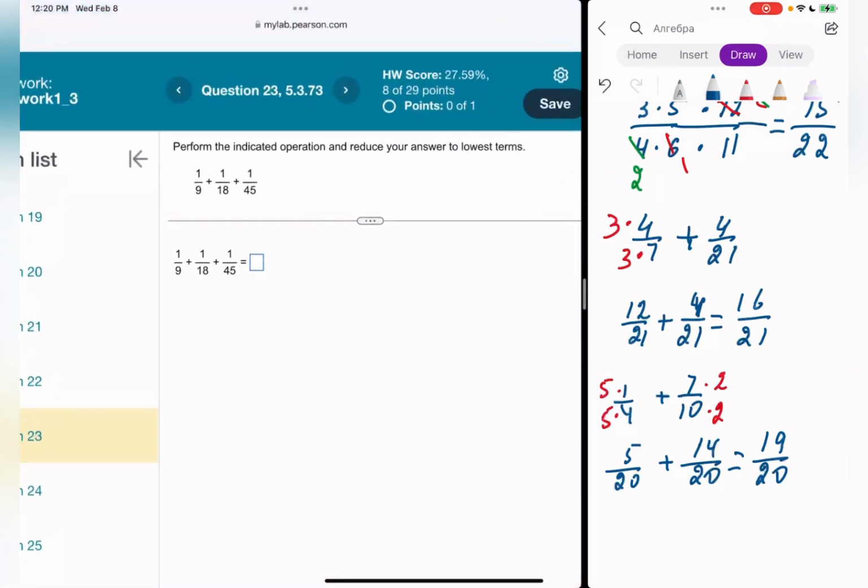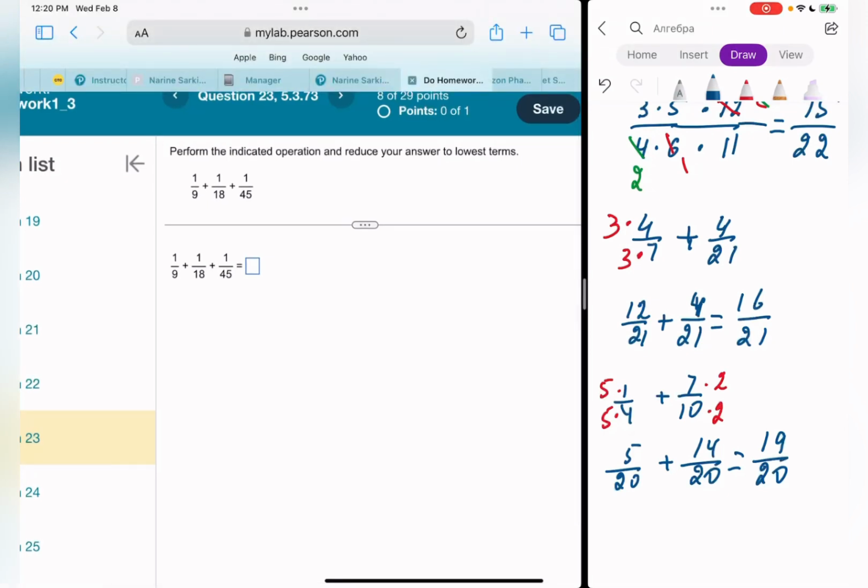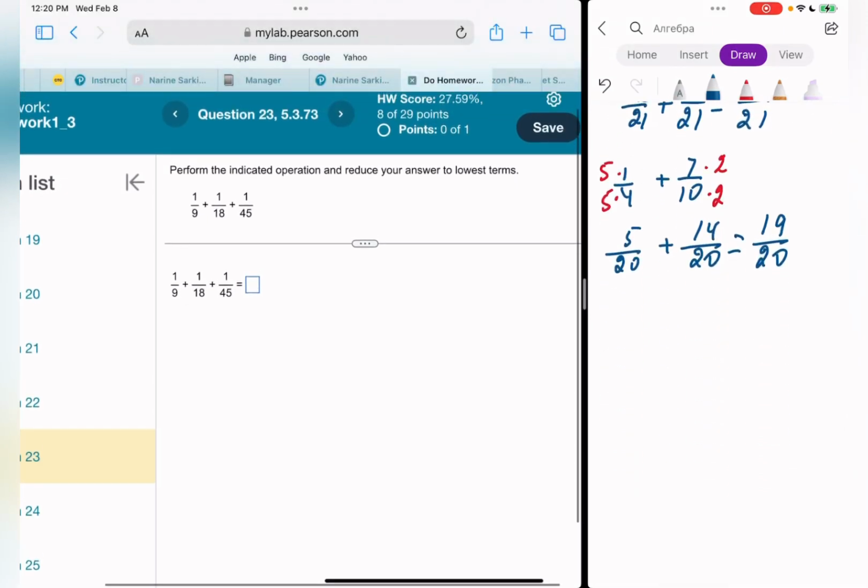Okay, now we have question 23. We have 1 over 9 plus 1 over 18 plus 1 over 45. Okay, common denominator for 9, 18, 45. Let's see, the easiest way, also a shortcut: for 9 and 18 it is 18.